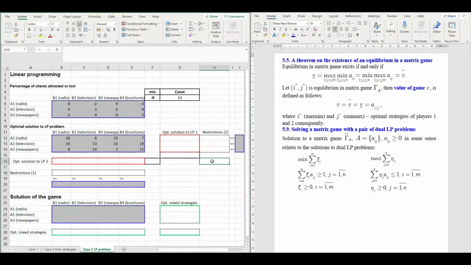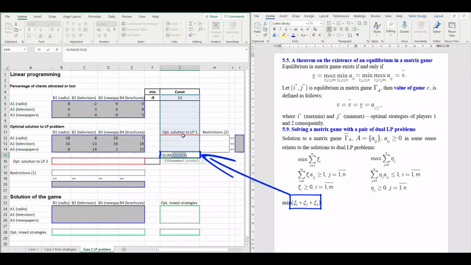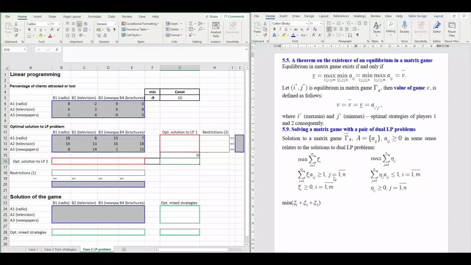Let's consider the objective function for the minimization linear programming problem for our case. For this case, we need to consider minimization. And let's insert the objective function into the cell G15. In the mathematical model, we should consider an inequality for each pure strategy of the second player.